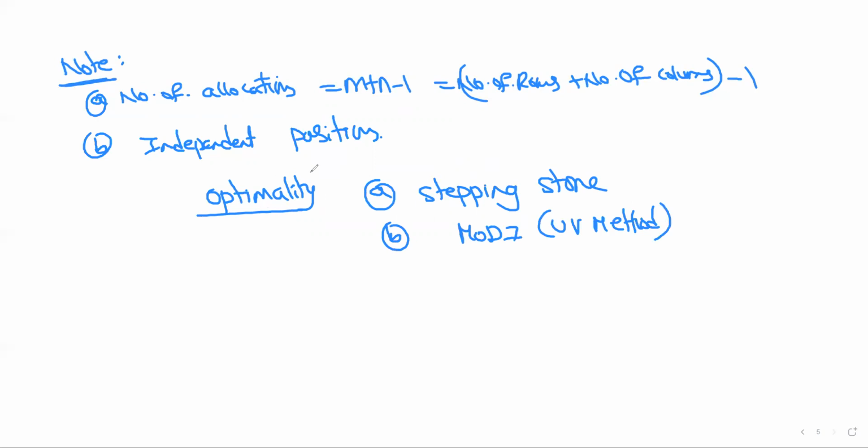To find optimality, this is the next very important topic. Two conditions have to be satisfied: all the allocations should be m plus n minus 1, and allocations should be in independent position. If these two are satisfied, then I can find optimality.